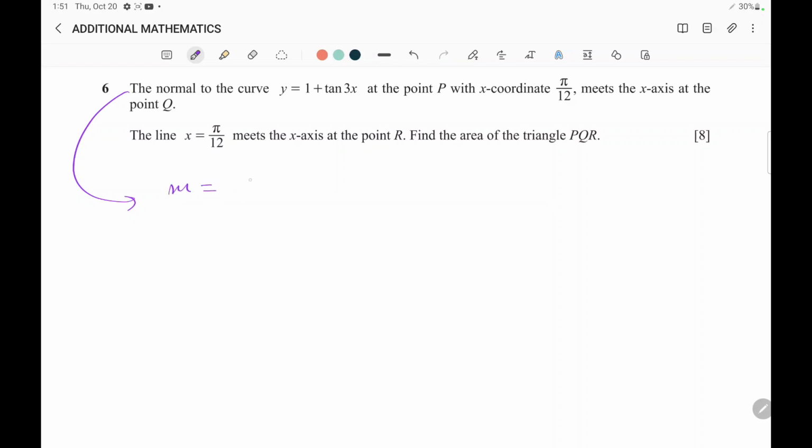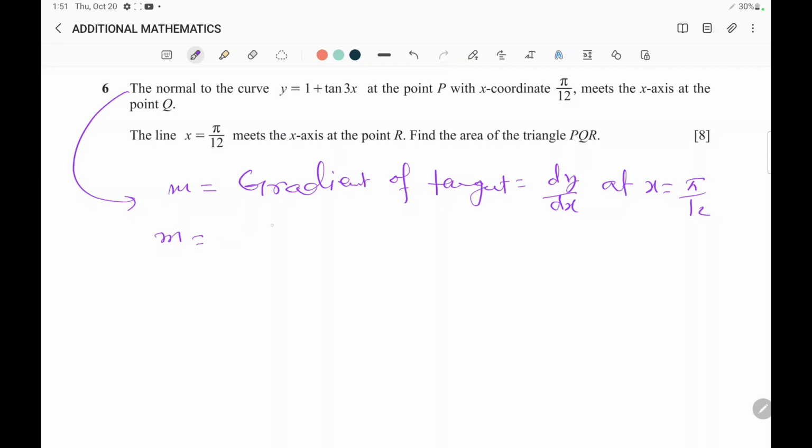So guys, m is, I'm assuming, the gradient of the tangent, which will be dy by dx at x equals pi by 12. Okay, so let us differentiate. Differentiation of 1 is 0, differentiation of tan 3x is sec squared 3x, and 3x differentiates to 3. Now we put in x equals pi by 12.